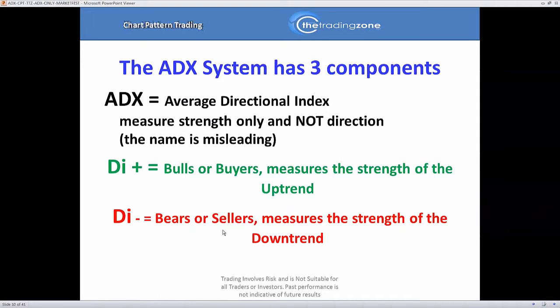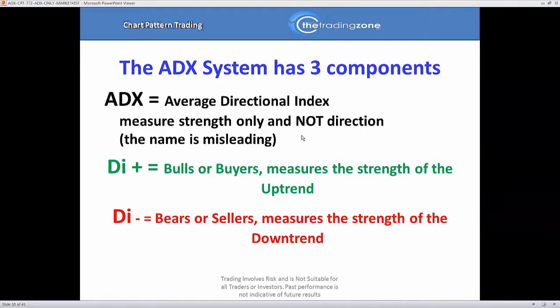The ADX has 3 components to it. Number 1 is the actual ADX, stands for Average Directional Index. And the term is a little misleading because it doesn't actually measure direction. So I don't know why they gave it this name, Average Directional Index, but what it measures is strength or lack of strength in the market, and it doesn't actually measure direction.